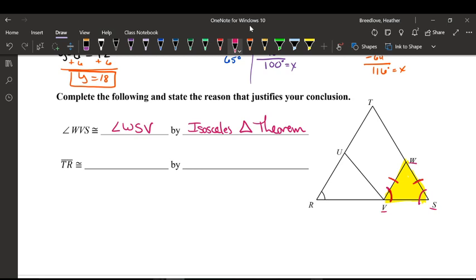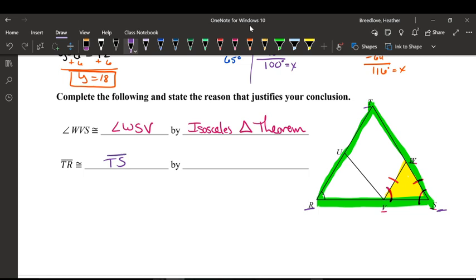Okay, and then the other one says TR is congruent to what? So I need to find TR. Here's T. Maybe TS. Yeah. So if I'm looking at TR, that means I'm looking at the large triangle. So TR would be congruent to TS.